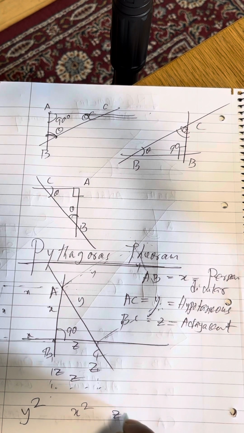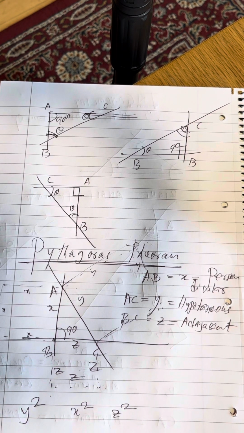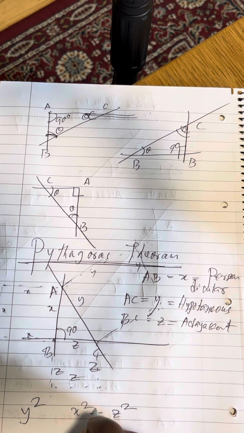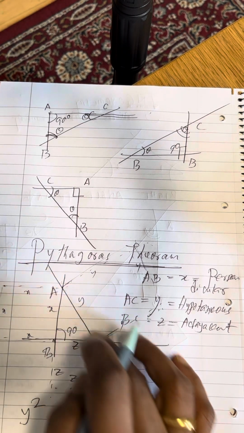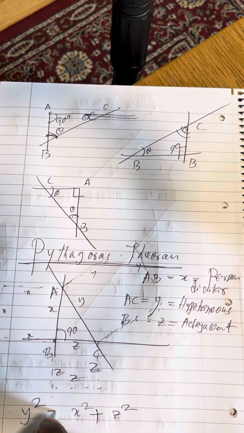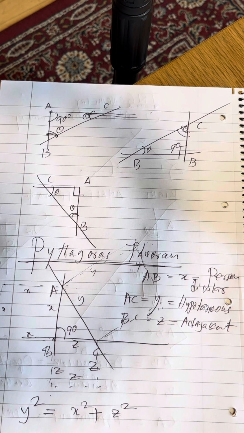Pythagoras is telling that if you sum the areas which are drawn on the perpendicular and on the base, that will be equal to the area which you have drawn on the hypotenuse.